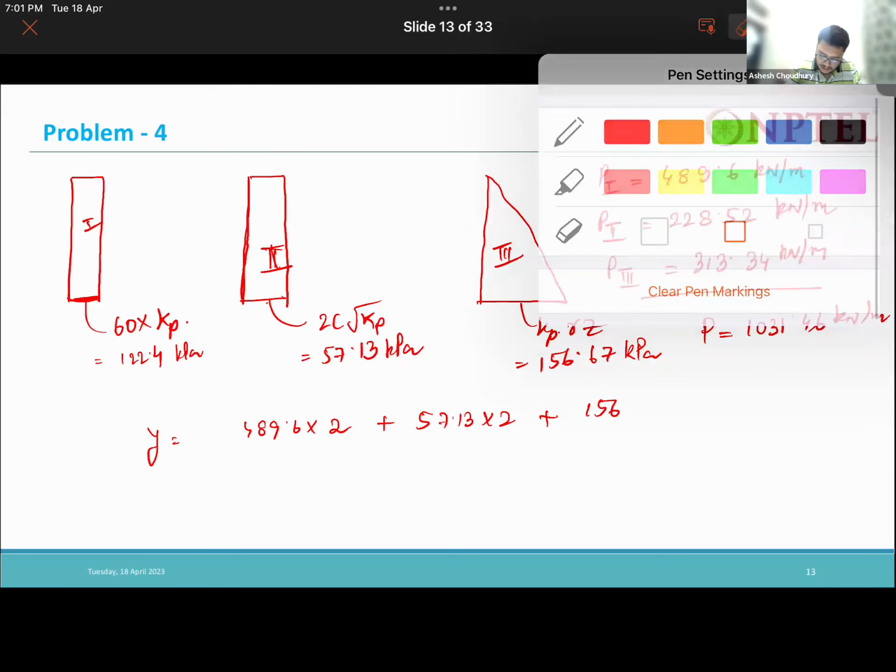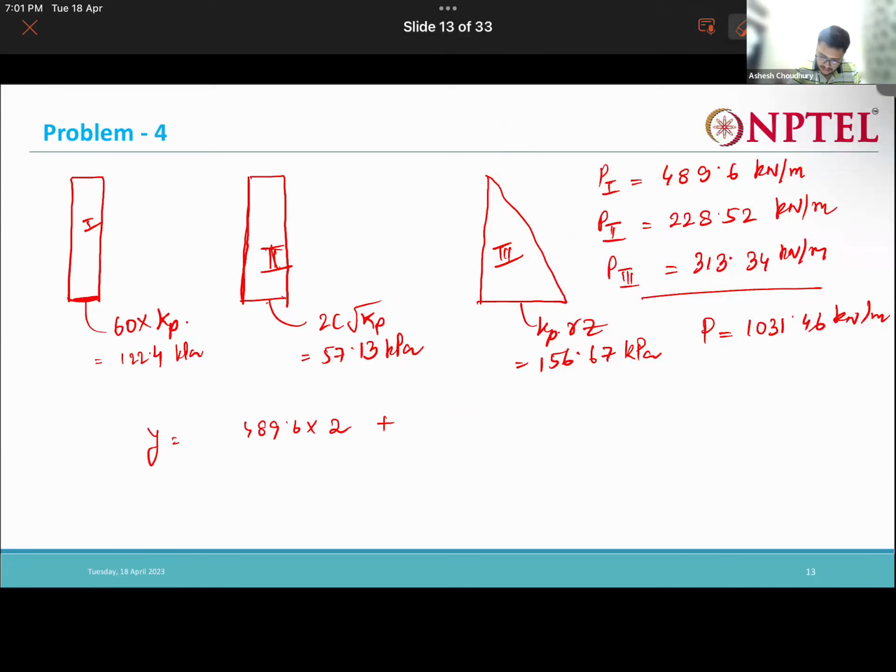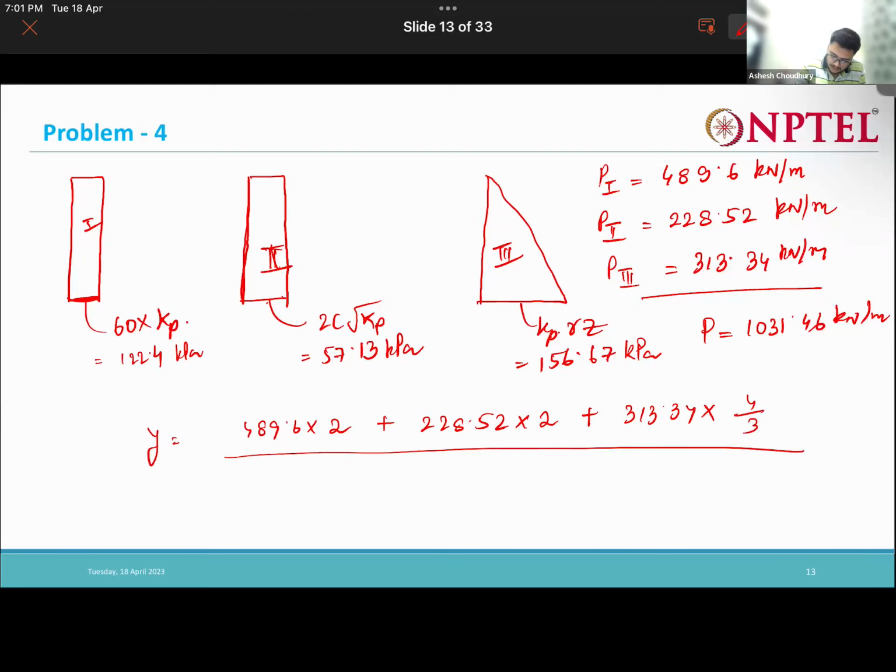Again, I am making a mistake. 228.52 into 313.34 into 3. Okay, so let's see how much this one is coming.